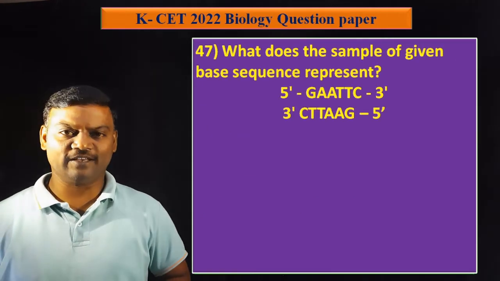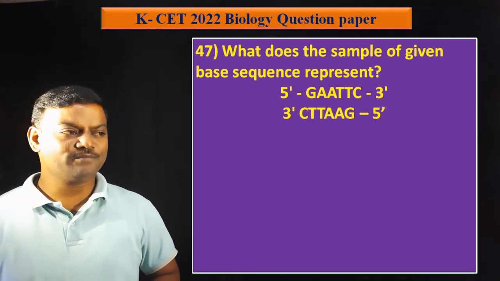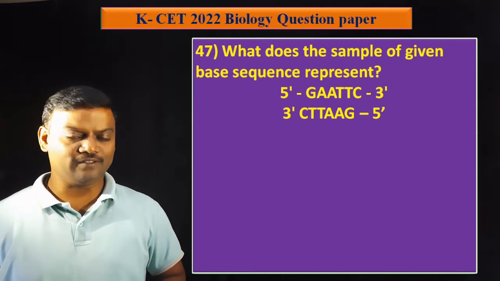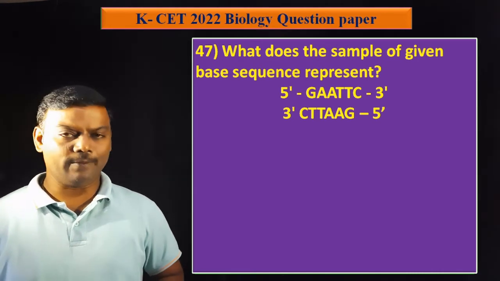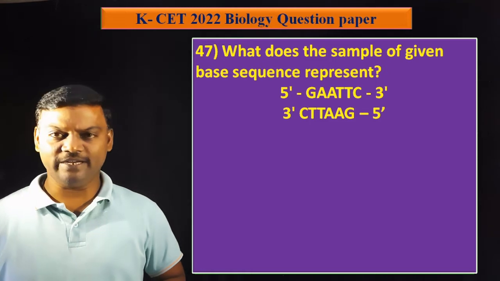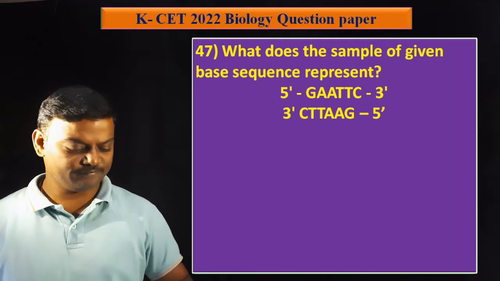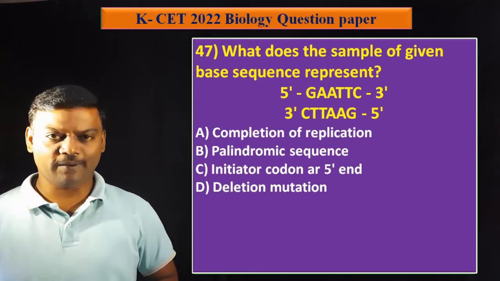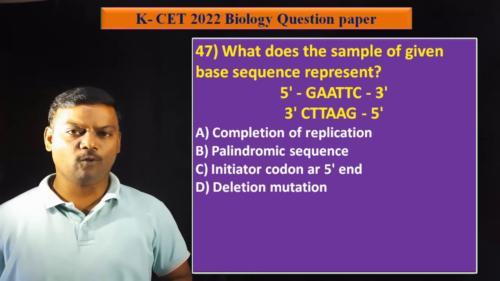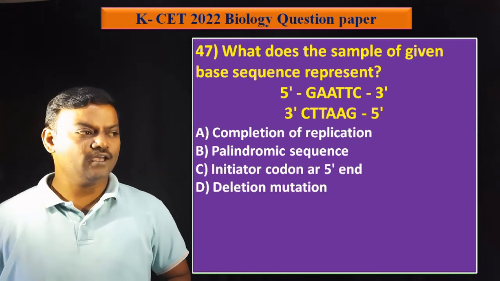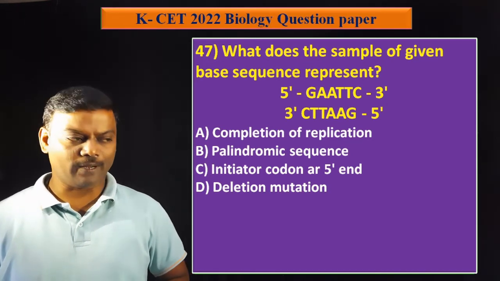Question number 47. What would the given base sequence represent? From 5' to 3' GAATTC. Option A, completion of replication. Option B, palindromic sequence. Option C, initiating codon at 5' end.